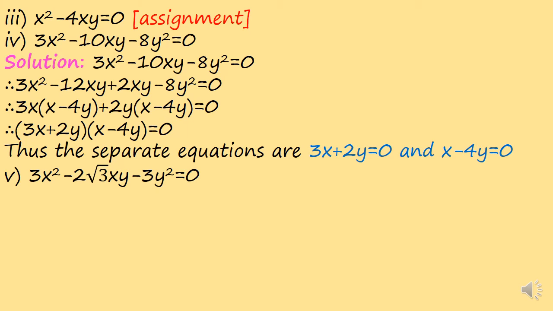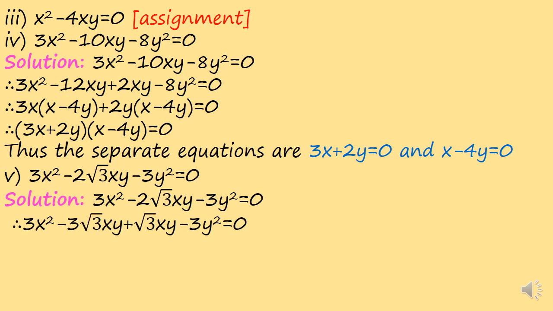So we split the middle term like this, that is 2 root 3 can be split into minus 3 root 3 plus root 3, that is, minus 3 root 3 xy plus root 3 xy. When we multiply, we are going to get minus 9, and when we add, we are going to get minus 2 root 3. You can do it in your mind and see. Now, take the common factors and you can complete the sum by yourself.